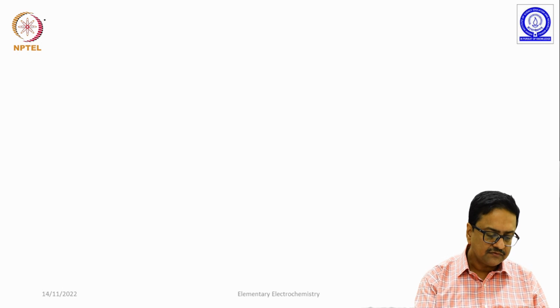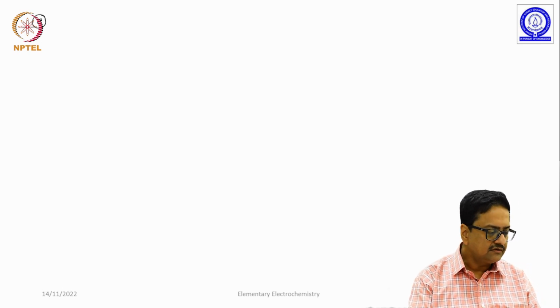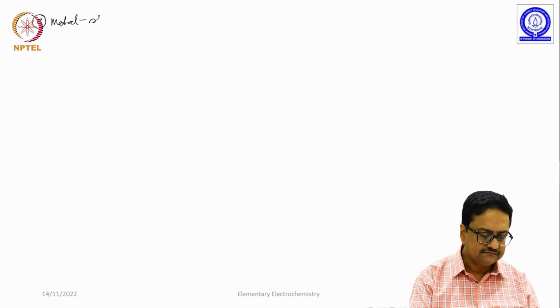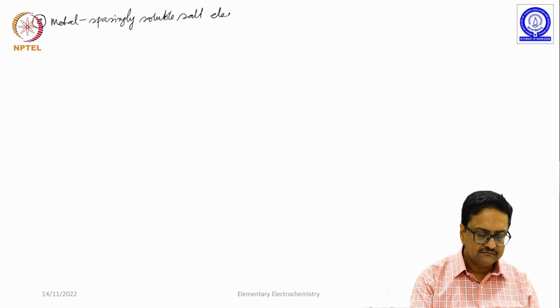The next type of single electrode is the metal and sparingly soluble salt electrode.